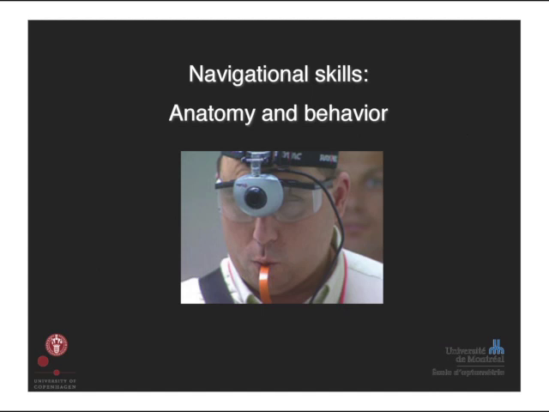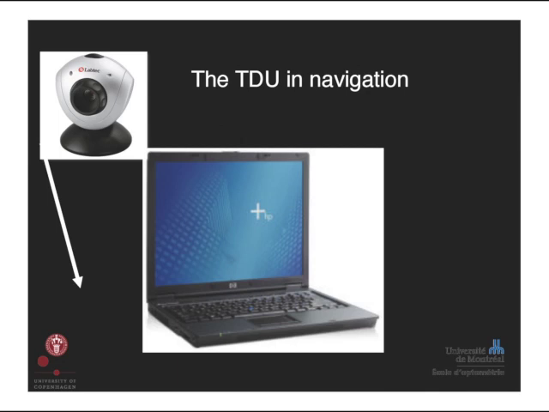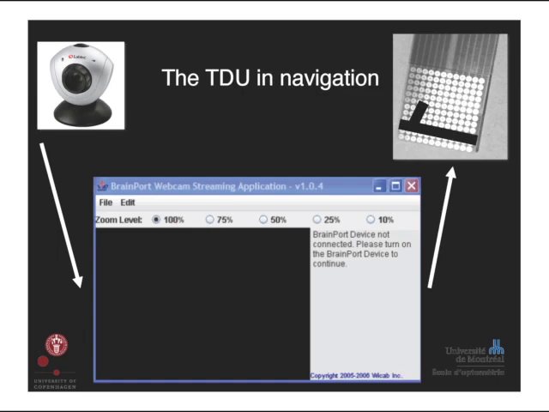So what about navigation? The company Vicam has put together this system that you will be able to see tomorrow. To show you the way it works, the camera will take an image and send it on.